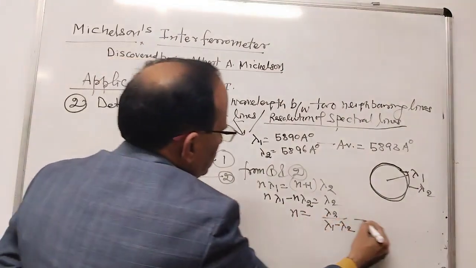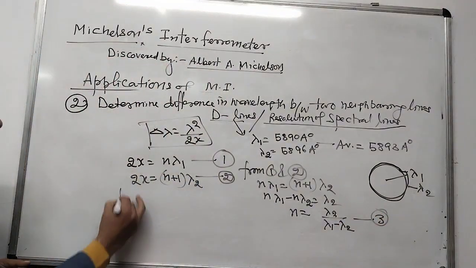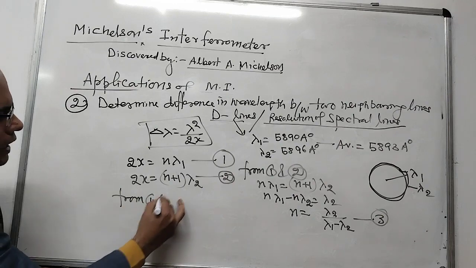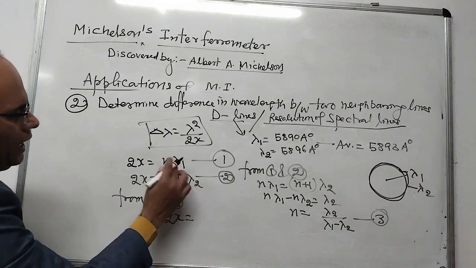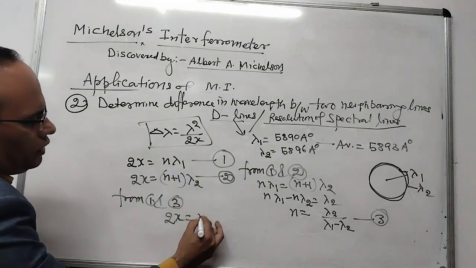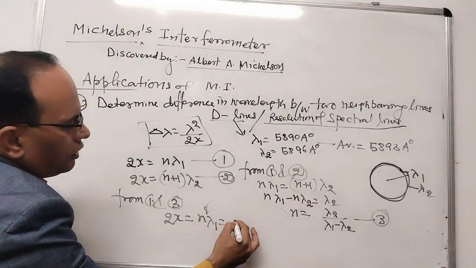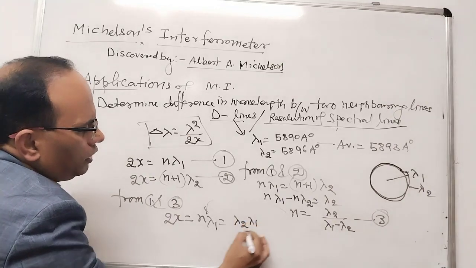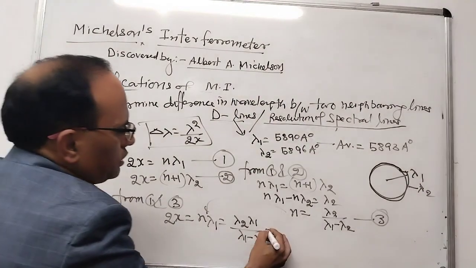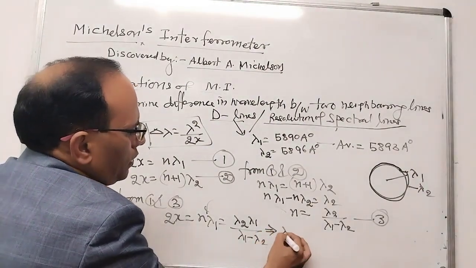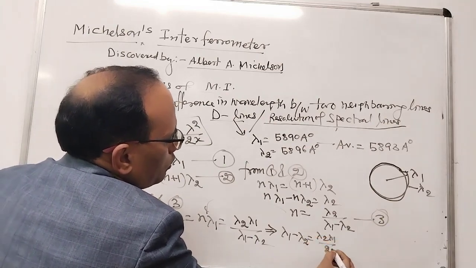So this is equation three. From the first and third, the first is 2x = nλ1, and in place of n we can write this value: λ2 times λ1 upon (λ1 − λ2). So one can write this formula in this form: λ1 − λ2 = λ2λ1 upon 2x.